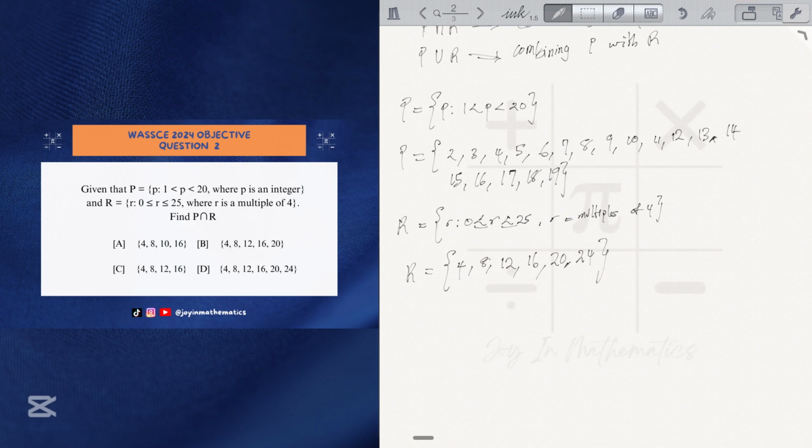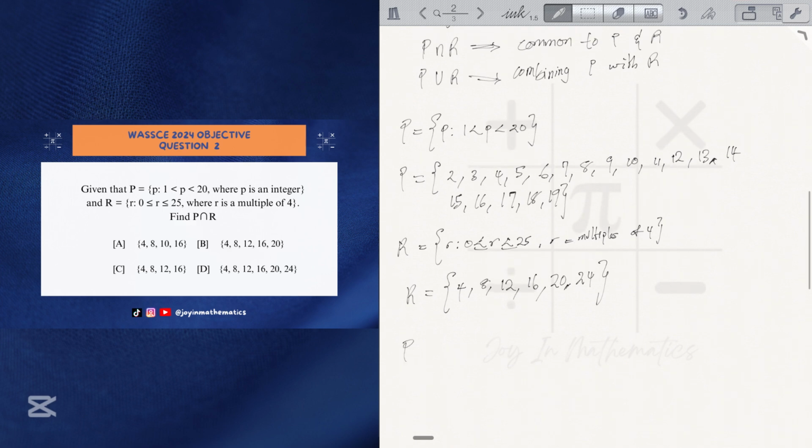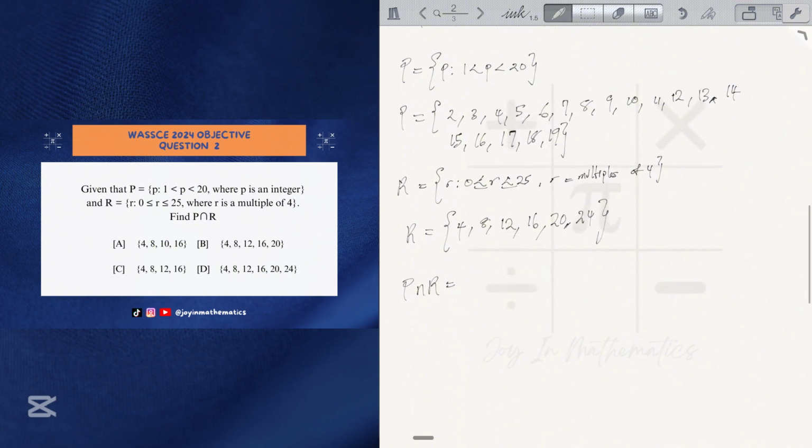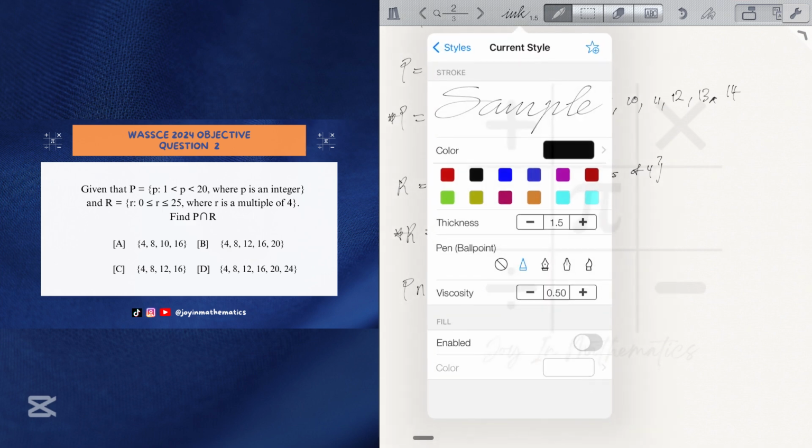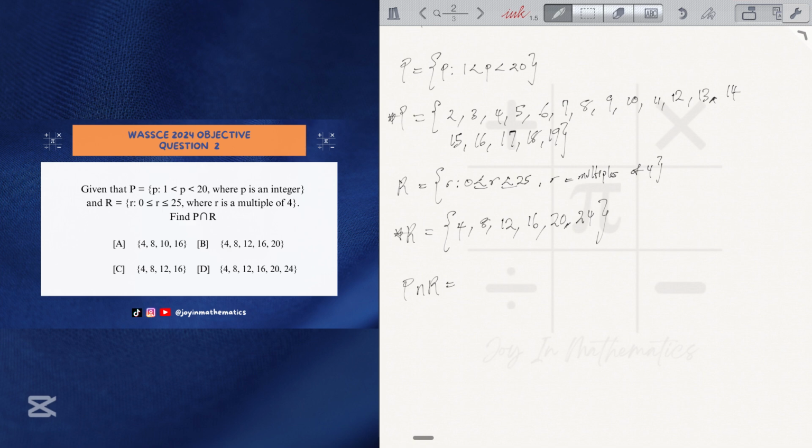Now the question is to find P intersection R, that means what is common to P and R. Looking at P and R, let's use R as the basis of our search.